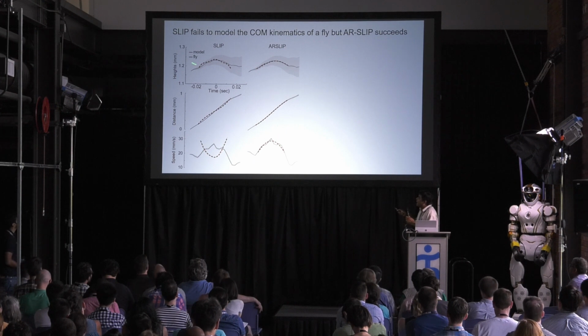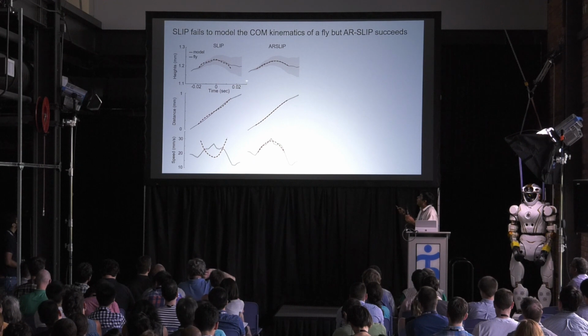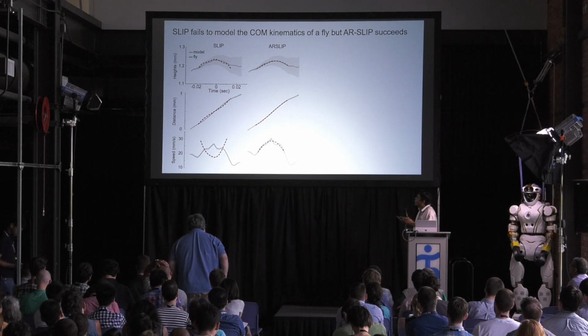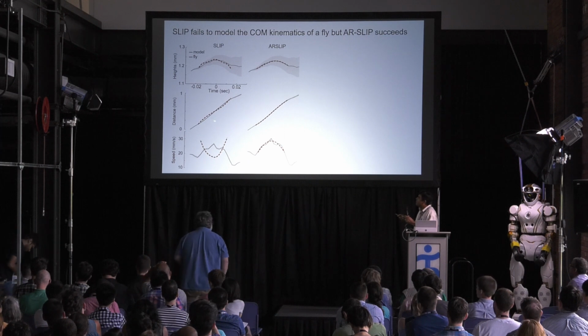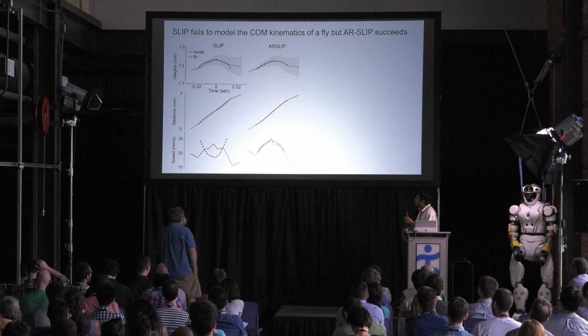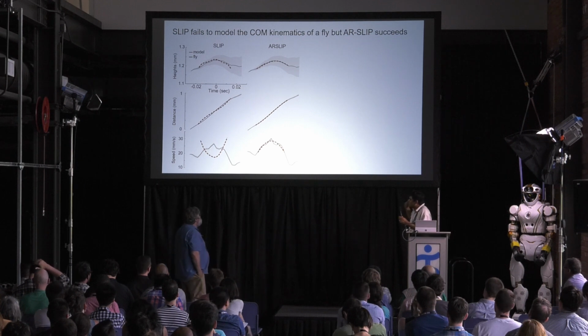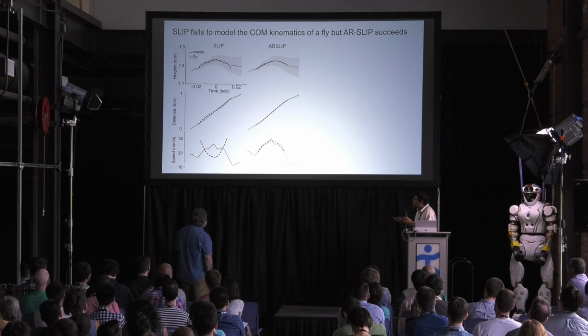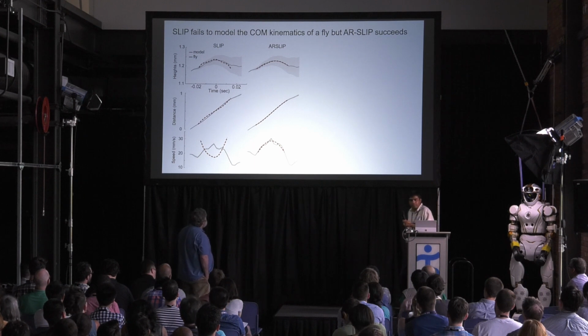If you look at the tracking, we are able to model the fly trajectory, and you see that the horizontal part does pretty well for both models, but for the VGRF part there is some systematic difference. In particular, what is absolutely blatant is the velocity profile. The velocity profile for slip is absolutely horrible, but our model reproduces this inverted velocity profile where you have a maximum in the middle.